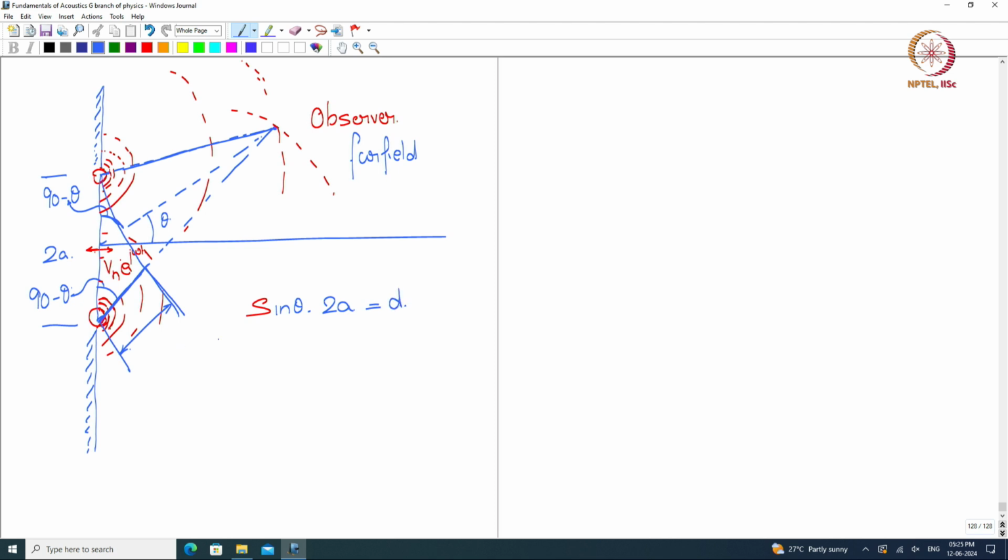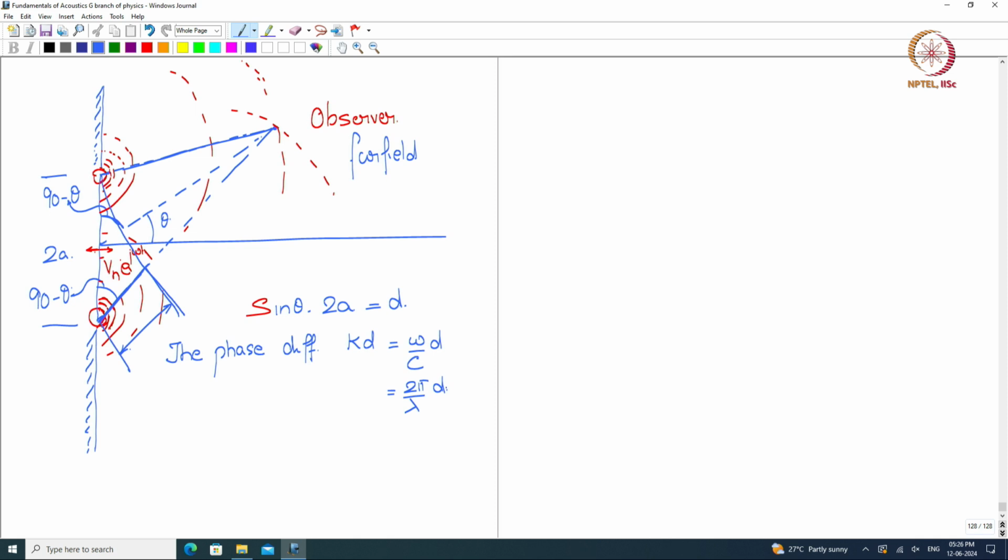Now for a path difference d, the phase difference is k times d, where k is either omega by c or 2 pi by lambda.